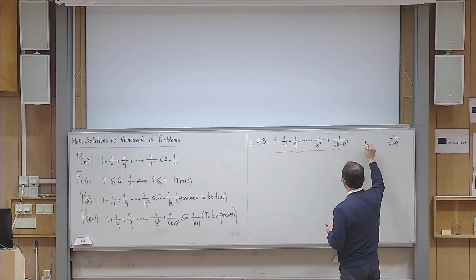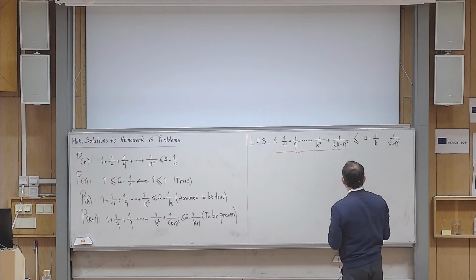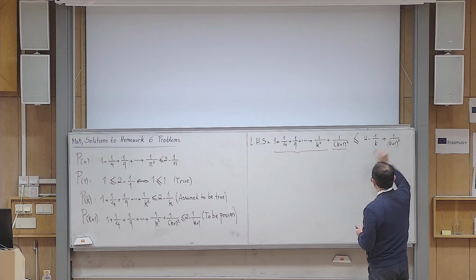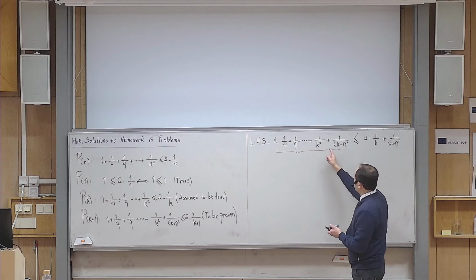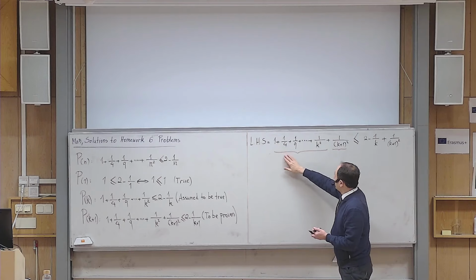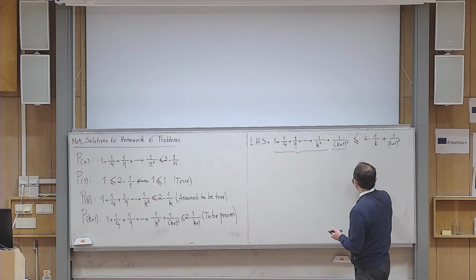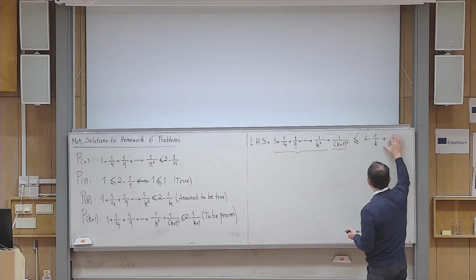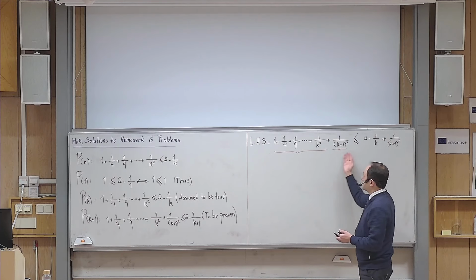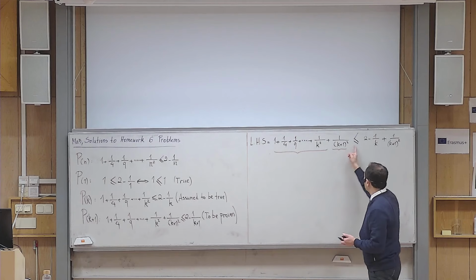If I do that, I have to put less than or equal. I hope that this is understandable now, yes? What I'm saying is that this first part is less than this part, and this part is equal to this part. So it is obvious that the left-hand side is less than or equal to this.